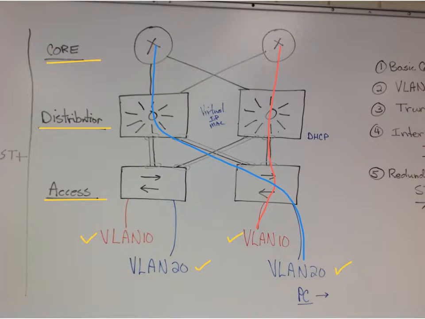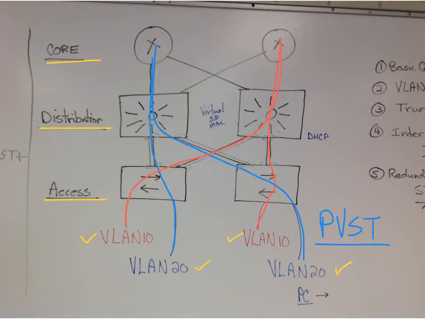You can do that with per VLAN spanning tree, so each VLAN can have its own spanning tree. We don't have loops within the VLAN because they're separate networks, but we can point to which switch is the root bridge. So this one would go out this way, and this one would go out this way.